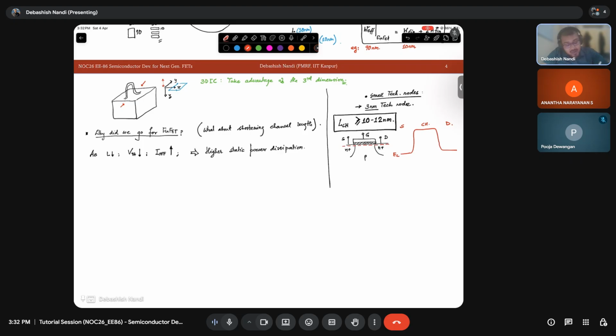And what dimension are we talking about? We are talking about this dimension. This is your LCH. So what happens if LCH goes to smaller dimensions? Let's say what happens if LCH becomes like this?